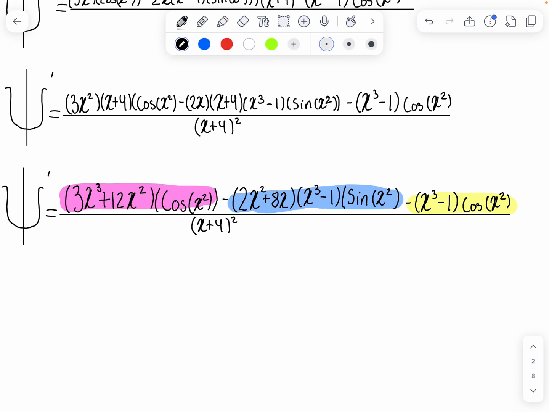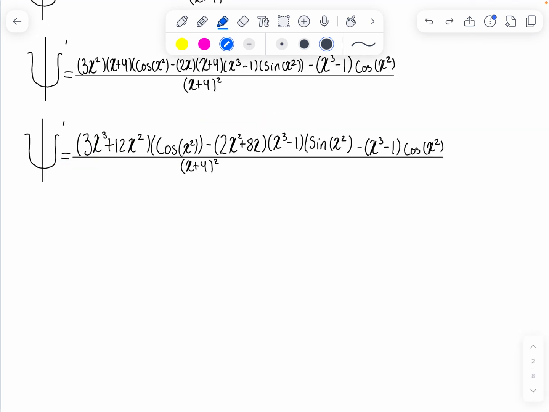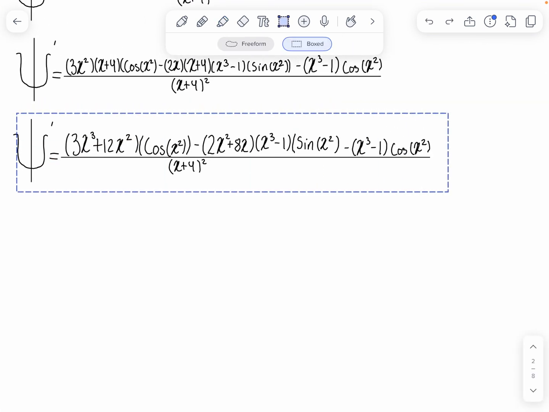For these terms, this term and this term, they both have a cos of x squared. So we can technically factor that out and simplify our equation more. So let's get to that in the next step. For the next question, I'm going to erase the entire numerator after duplicating it.